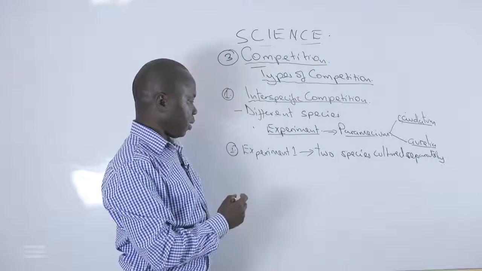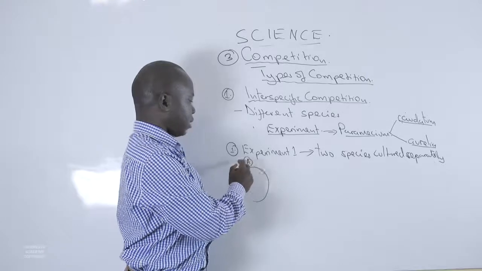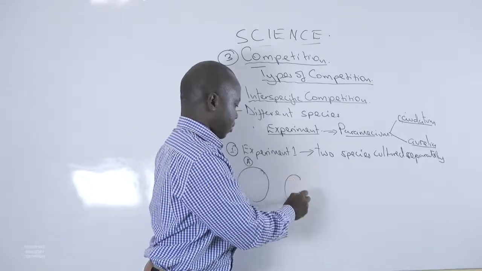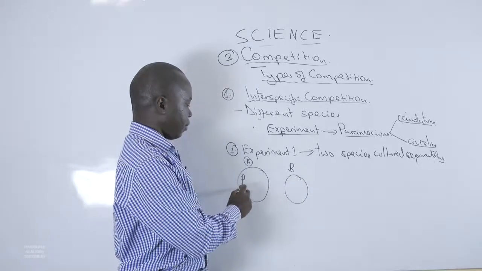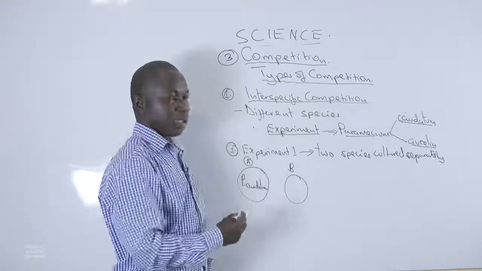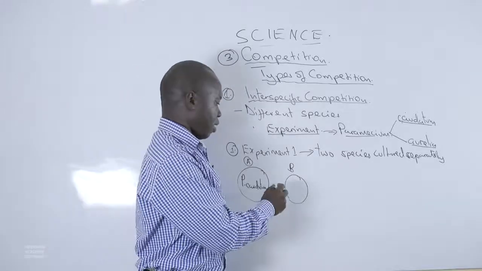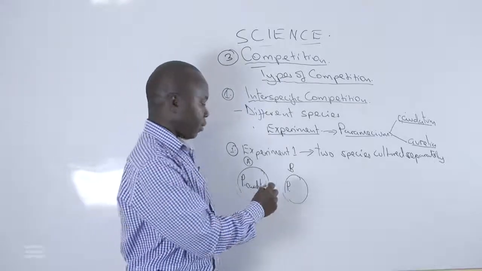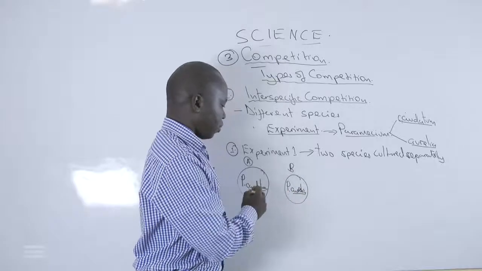If we have plate A and another plate B, here you put Paramecium caudatum and allow it to grow with the same environmental requirements, and then you put here Paramecium aurelia and allow it to grow.